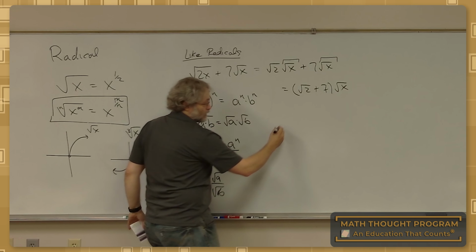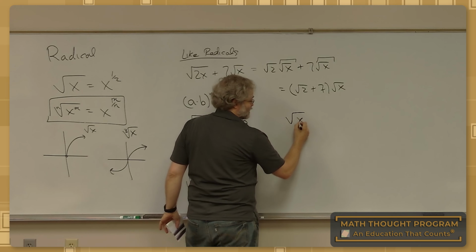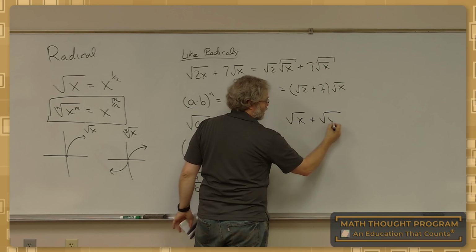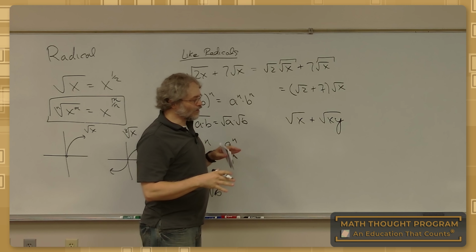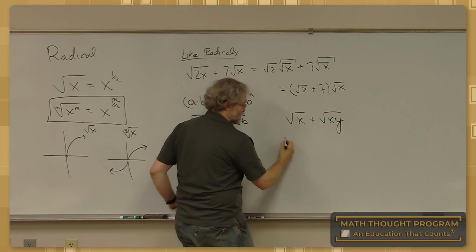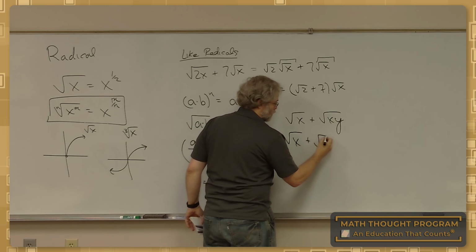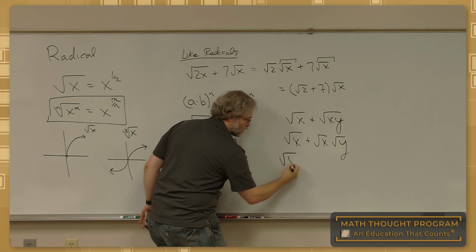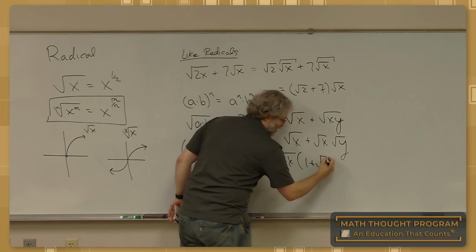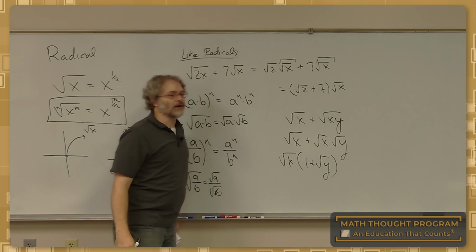If I was to have something along the lines of x and then x, then y, again, all I can really do is take this, break it apart, factor out this root x, and I really can't do anything with that root y.